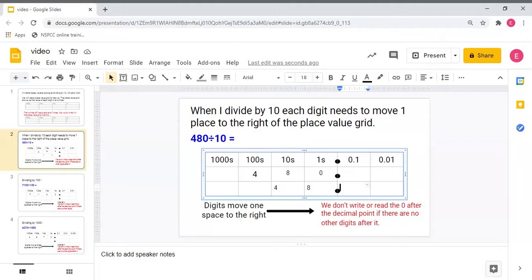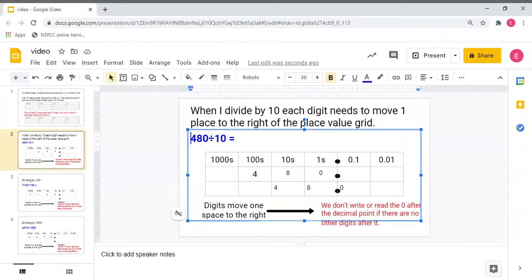My 0 in my ones is going to move one space to the right into the tenths. Because there's no other digits after my decimal point, I don't need to write and record those zeros. So my answer is just 48.